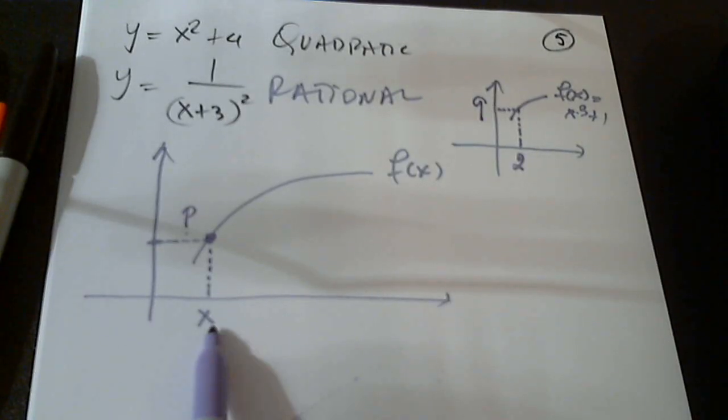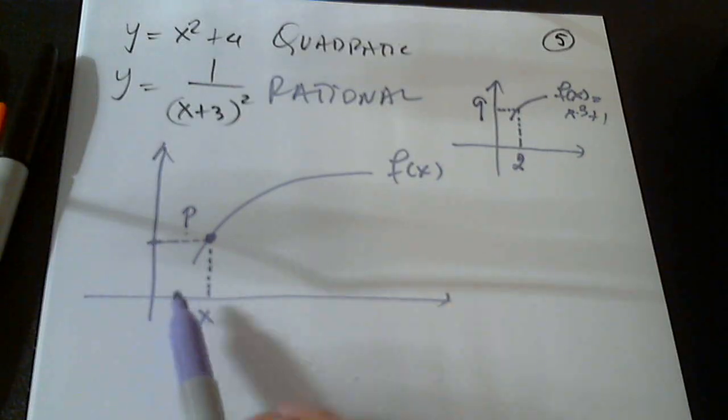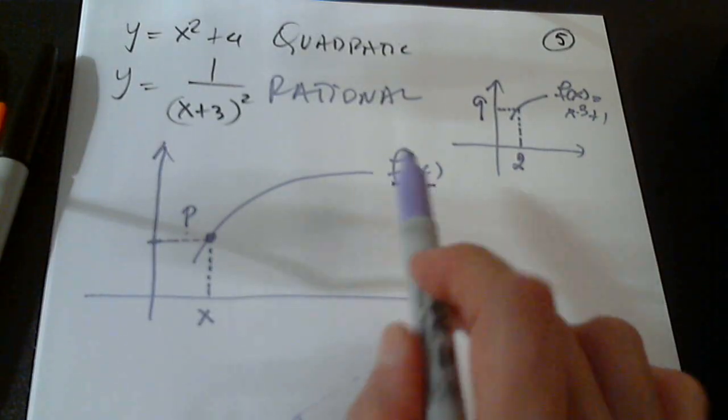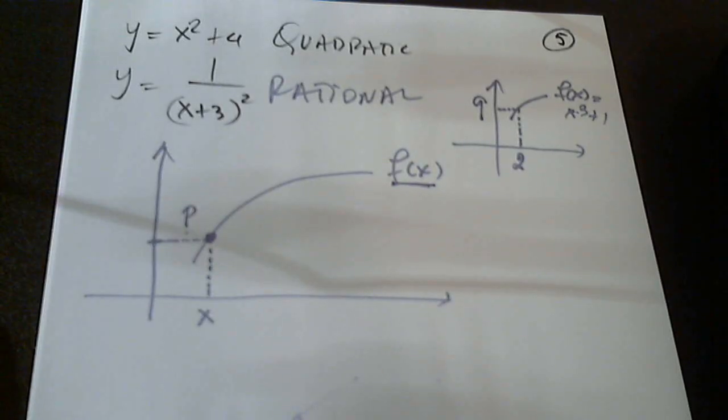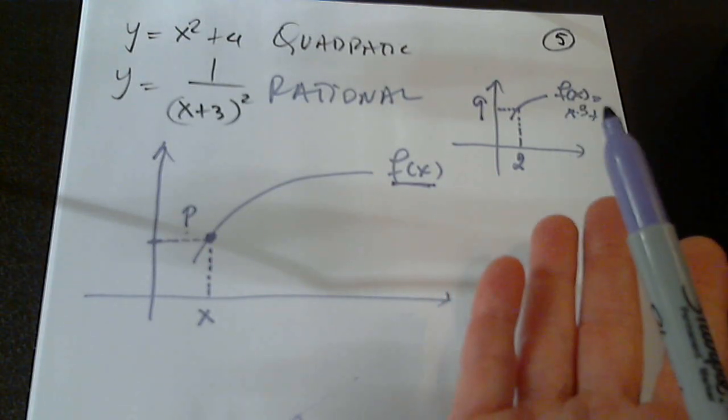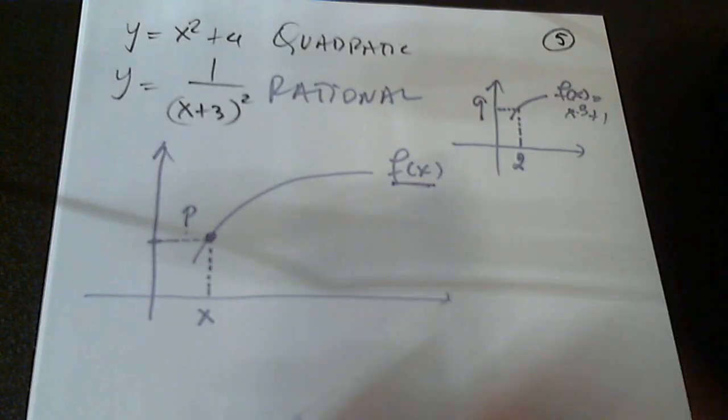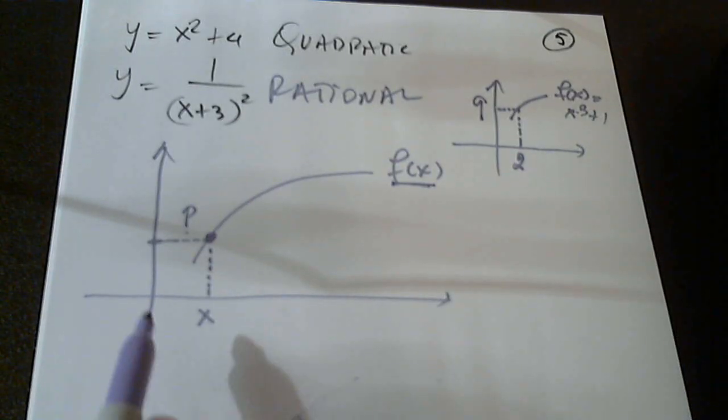Good. So now I have x. If this point is on the graph of f of x, what will be the y coordinate of the point? Same idea. That's why I gave you a simple numerical example, so that we can identify the y coordinate of P immediately. What is it?